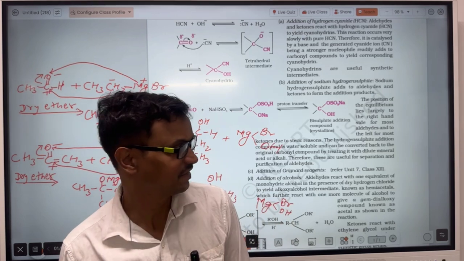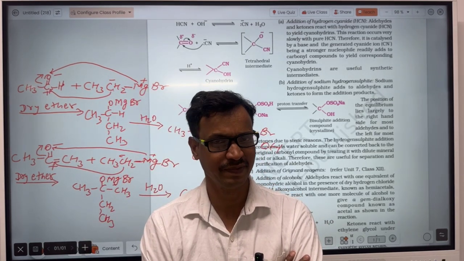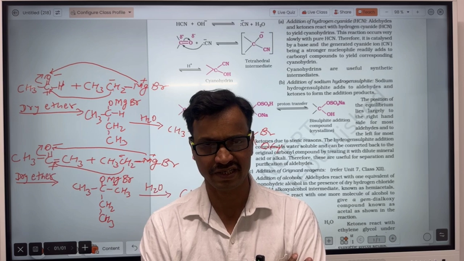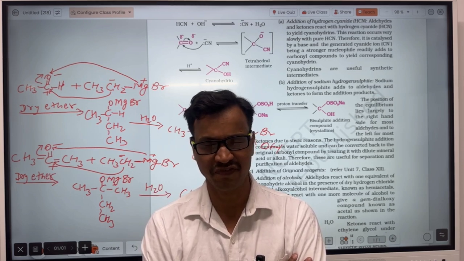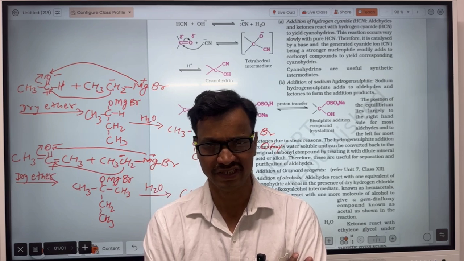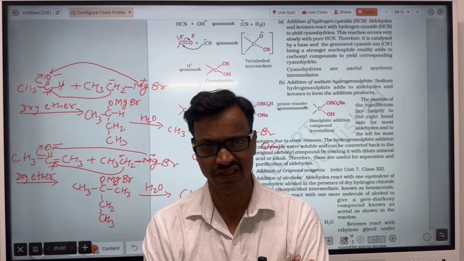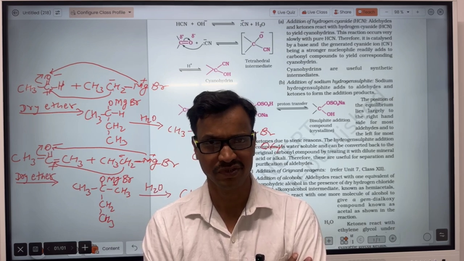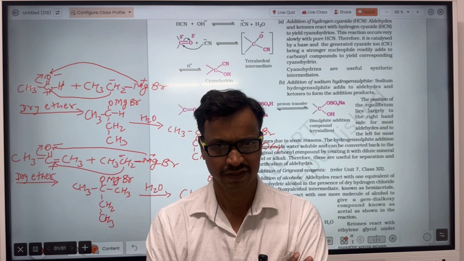So here the conclusion is that when methanol is treated with Grignard reagent and followed by hydrolysis, there will be formation of 1 degree alcohol. The aldehyde other than methanol will give 2 degree alcohol and the ketone will give 3 degree alcohol.